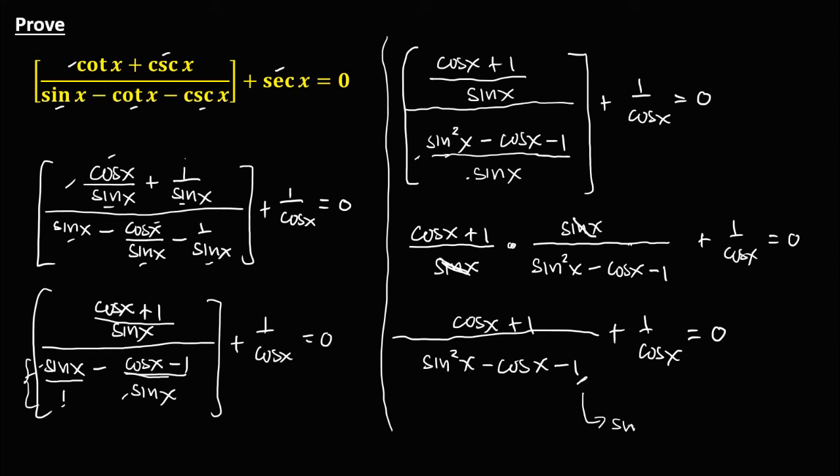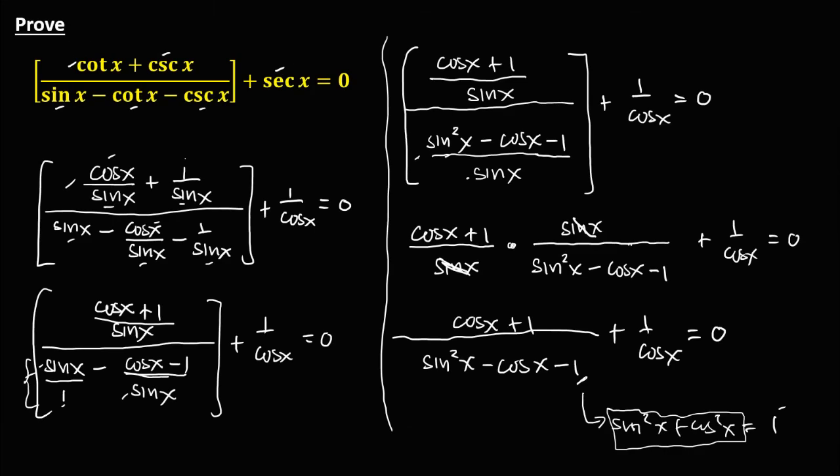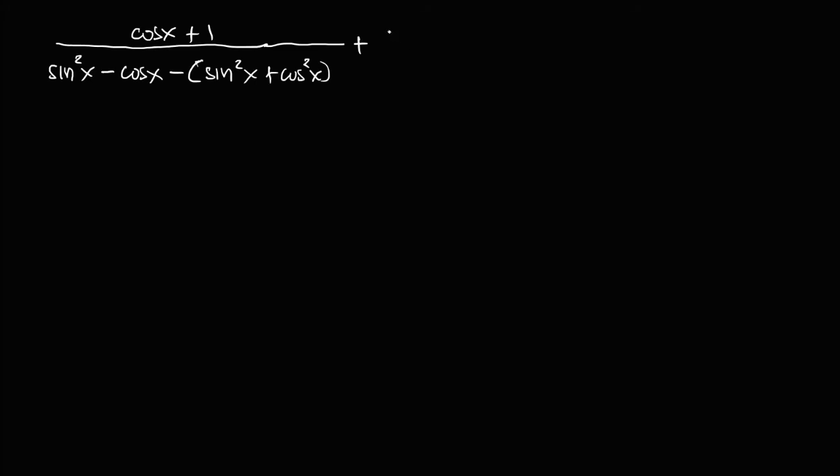Since sine squared x plus cosine squared x is equal to 1, so we're going to substitute this equation to 1. So that becomes sine squared x plus cosine squared x, then plus this 1 over cosine x equals 0. So we have 1 over cosine x then equals 0.